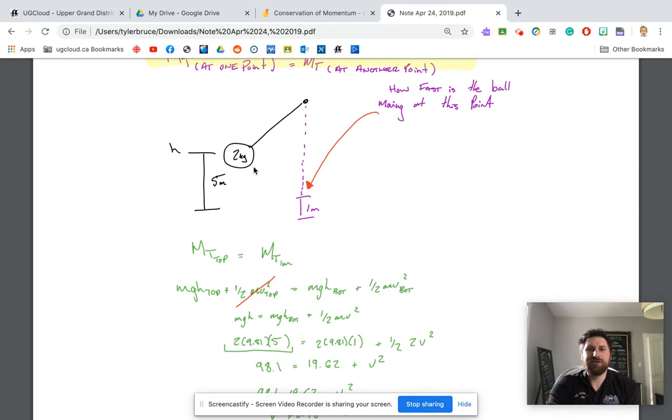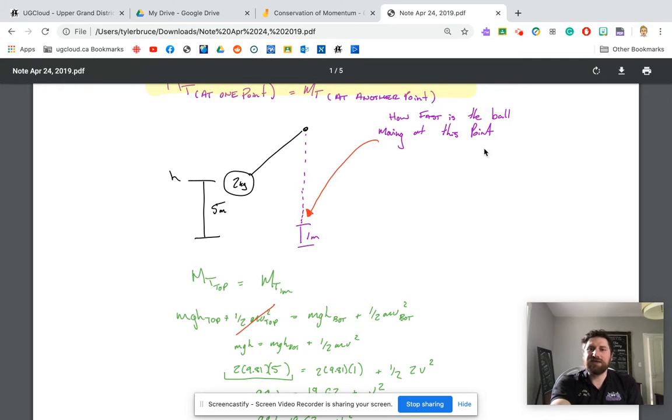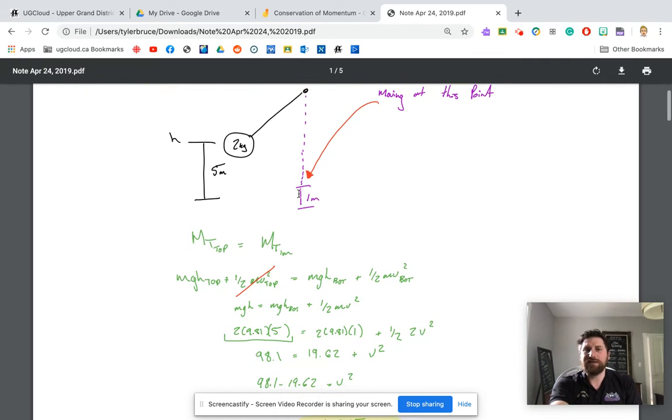So this calculation of a 2-kilogram bowling ball going down on a pendulum, sweeping across from a 5-meter height, I would get you, if we were in class, to calculate how fast the ball is moving at the point right above someone's desk. I think Michaela sits on that side.